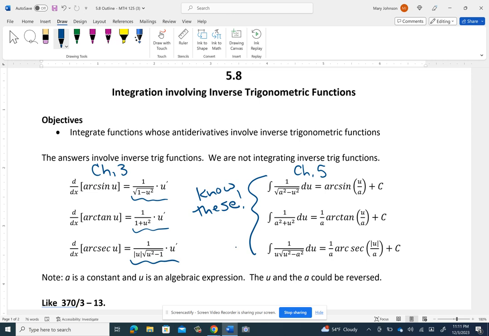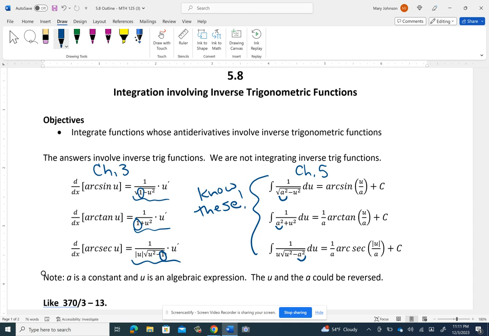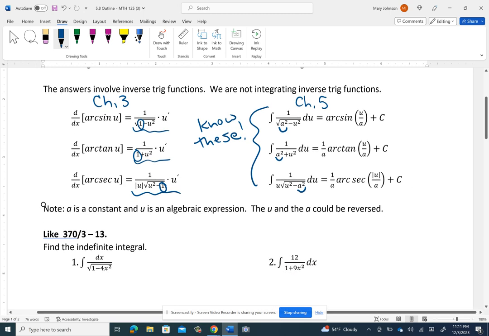Primarily because we don't just have to have a 1 in that first spot. On those, we can have some number other than 1. That A can be a number other than 1. All right. So one of the things I want you to keep in mind is that when you're trying to compare the thing you're trying to integrate with these formulas to know which one to do, the A that you see is a constant or a number.